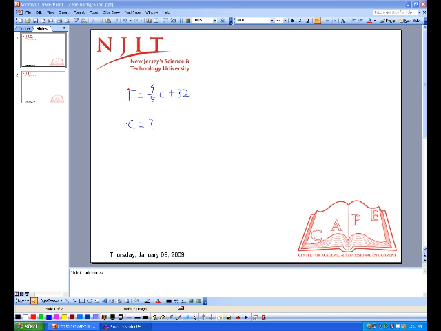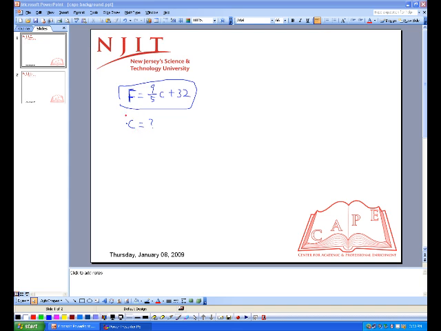The first equation we originally had is more like, given C, what is F? Because the equation is saying F is equal to something. So if we can also write it as C is equal to some mathematical expression related to F, it would be easier to solve for Celsius.